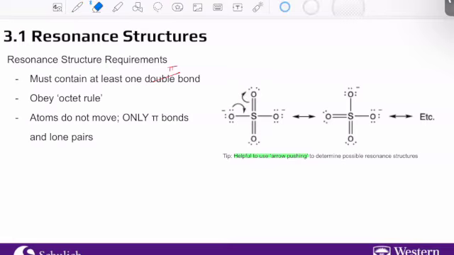On the right, I've shown the movement of these electrons giving rise to this resonance structure. Of course, we can also have movement of electrons here, causing alternative resonance structures, which I've just labeled with etc.